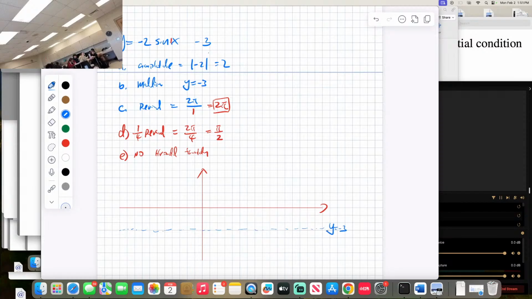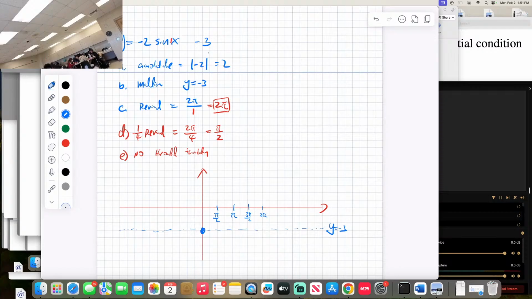Is this okay so far? Okay, we're gonna start at 0. Where is the quarter period? Quarter period is what? Pi over 2. So we're gonna go with pi over 2. We're gonna go with pi. We're gonna go 3 pi over 2. And then we're gonna go 2 pi, right?